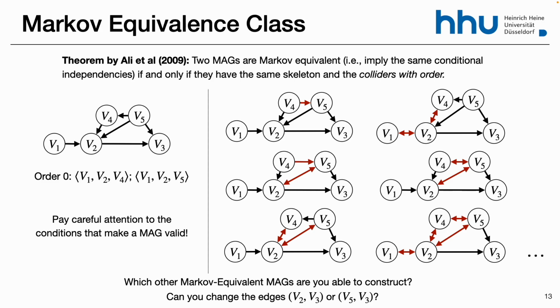We already tried, but I would like you to try to construct MAGs where you change these two edges. We just saw that we cannot do this, and we also saw why. An easier way, in my opinion, of listing these models is through the PAG.